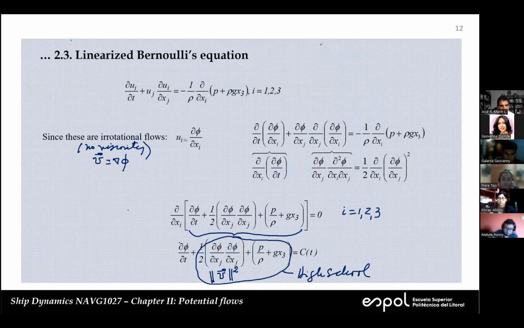But now you have this term. Okay, and this is what we were interested in.